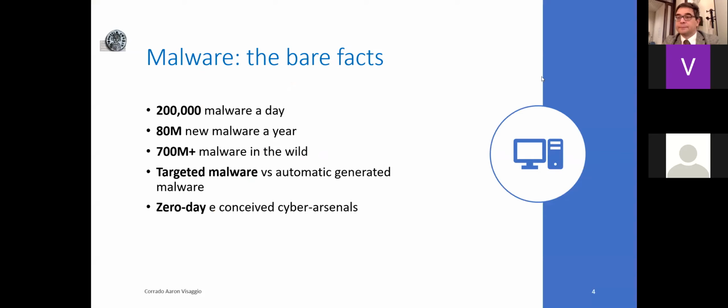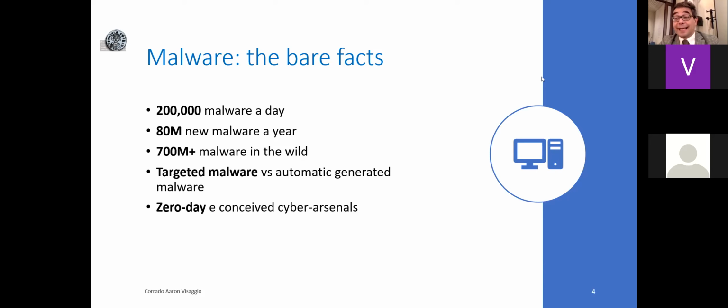First of all, the bare facts in numbers about the malware universe. Of course, you have to consider that these numbers are just estimates, so this is not the exact picture of the malware universe, but it is a good approximation.